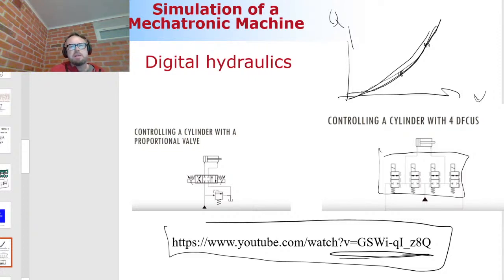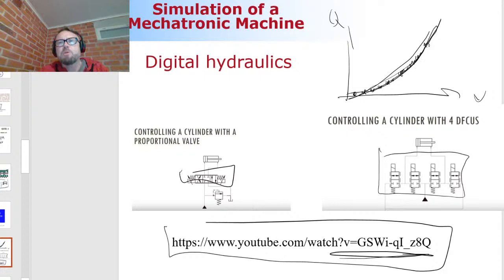But shortly, again, the idea is that this kind of continuous analogical valve, where the spool is moving back and forth, is replaced by a number of on-off valves. And they have a number of different combinations of opening and closing options. Based on those opening options, you get a number of different points in the characteristic curve.